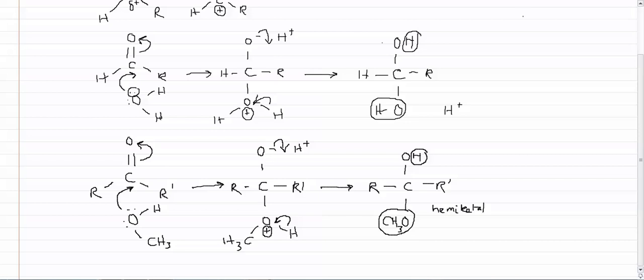Now in practice these reactions are usually acid catalyzed, so in fact the starting material is somewhat different. We see a hydrogen ion having come in to form this structure.